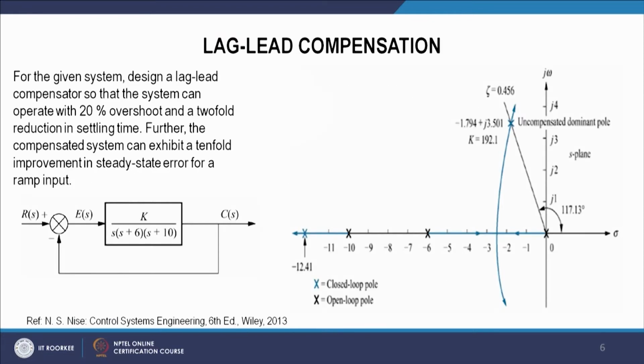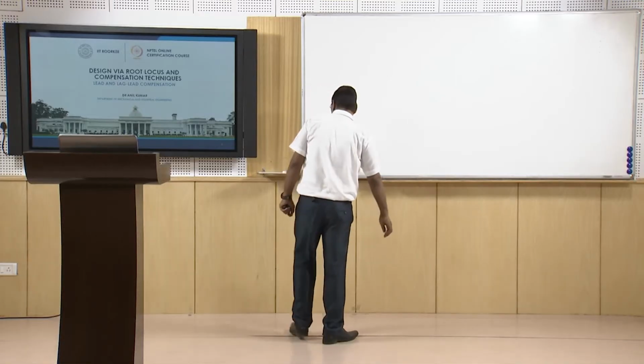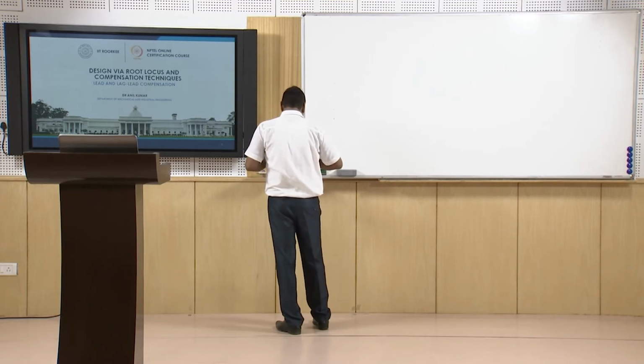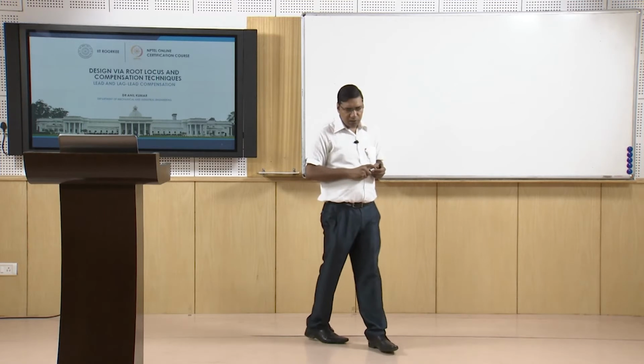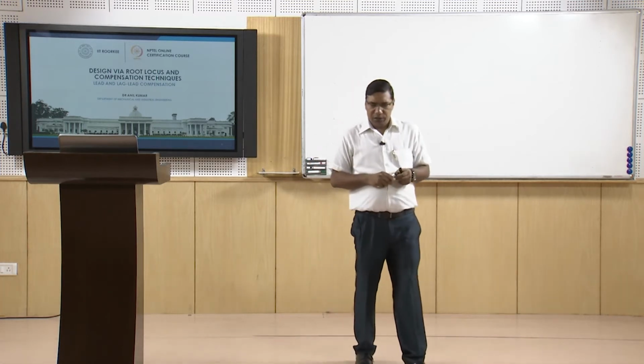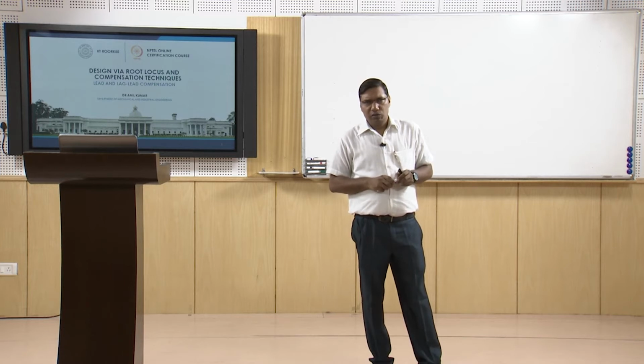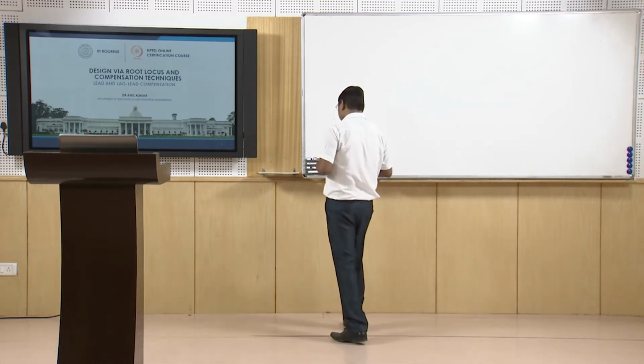So here we will take one example, and in this example we will use both the lead and lag compensation to design for the transient response as well as the steady state error. So here we have a question.